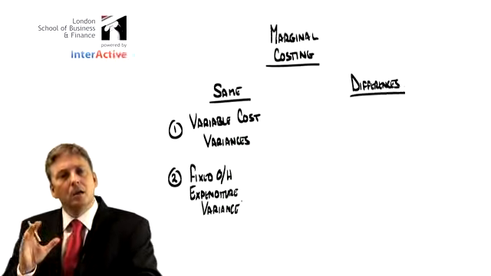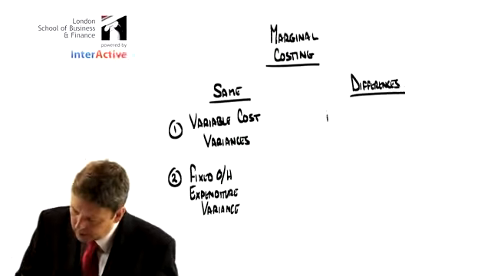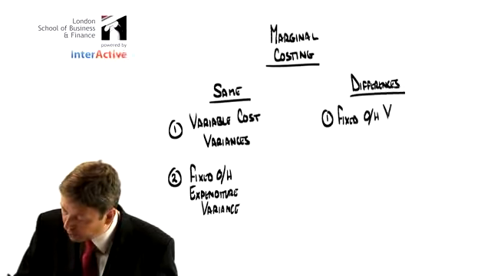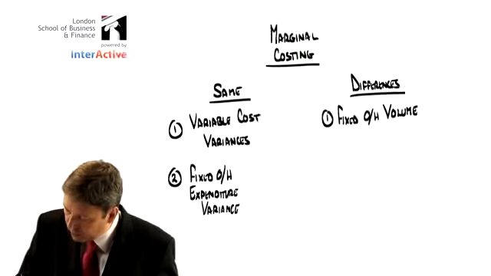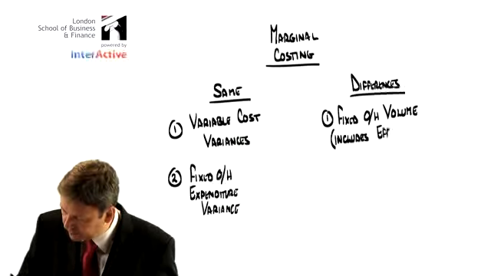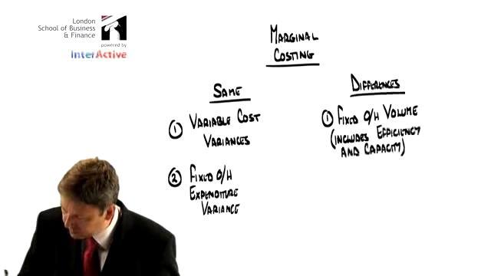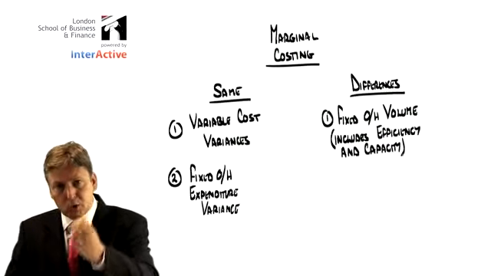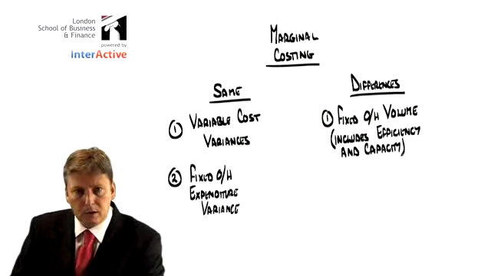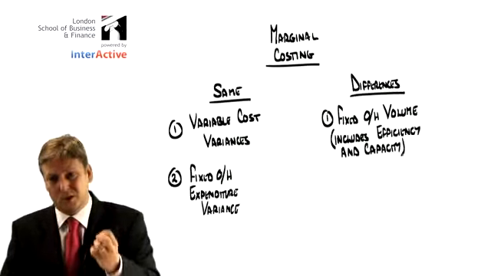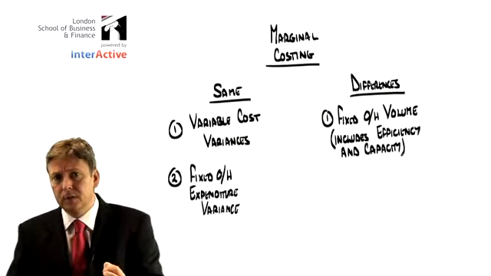The difference is that when we look at fixed overhead volume, which of course includes efficiency and capacity, these all relate to the absorption of the fixed cost to the product. Something we do in absorption costing, but something we don't do when we're looking at marginal costing.